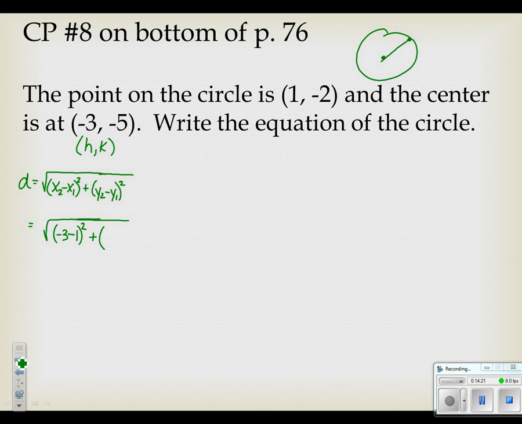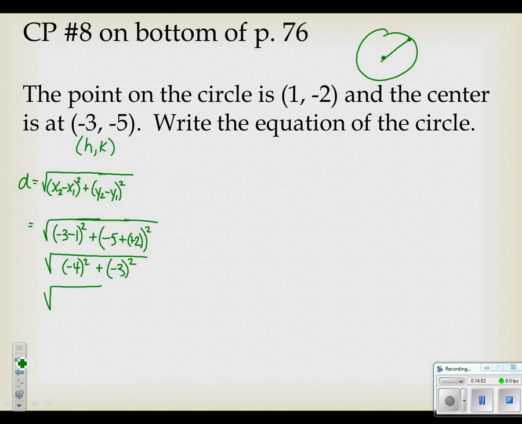The y value, y sub 2, is -5, and we want to subtract a -2. Now, careful with that. You are subtracting a -2. Remember what subtracting a negative does? It becomes plus. So -3 minus 1 is -4, and we're going to be squaring that in a second. -5 plus 2 is -3, and we will be squaring that.